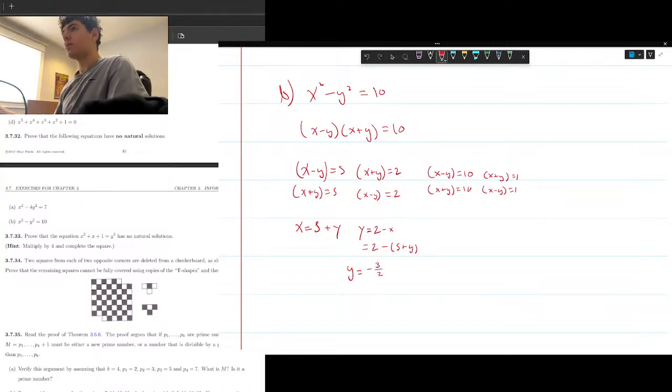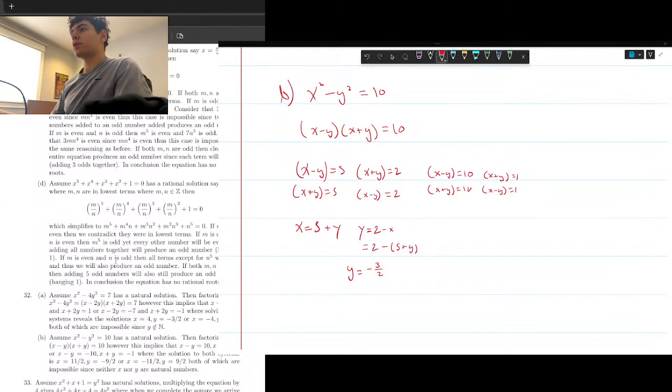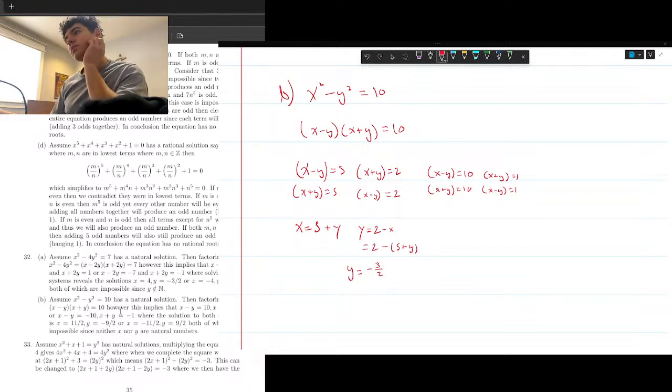Negative 3 over 2. Let's see if that's what the solution got. Negative 3 over 2 is a solution nowhere? Really? Let's see.